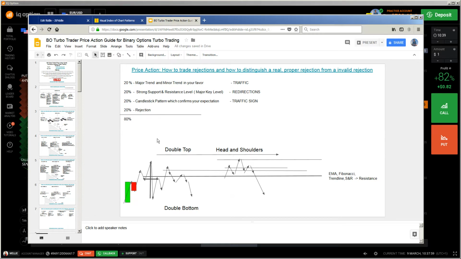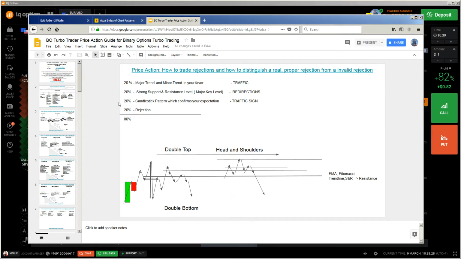And that is what I tried to explain to you in this video, because I can show you a lot more trades, and I'm going to show you a lot more trades in my live trading examples, but all those live trading examples will not help you if you don't understand that I'm going to enter a trade only when I understand all those things, when I understand the trend and the major key level, and I understand the candlestick pattern.